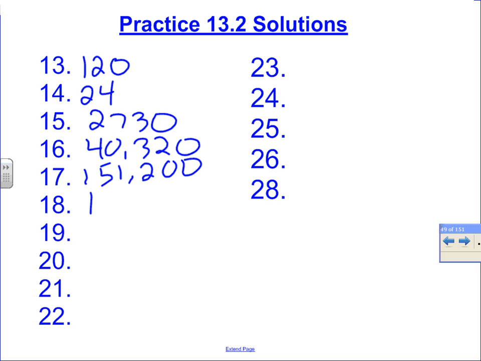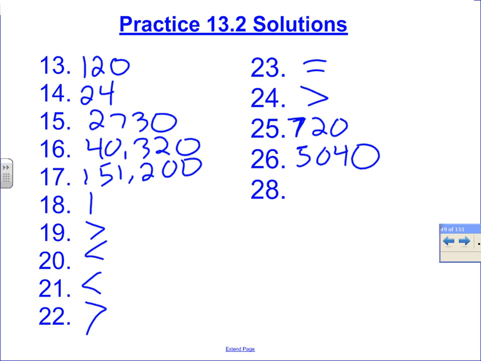Greater than. Mary, number 20. Good. Adam, 21. Good. Emma M, 22. Good. Zach, 23. Good. Briar, 24. Good. Sean, 25. That's okay. 720. Annalise, 26. Good job. And Justin, 28.